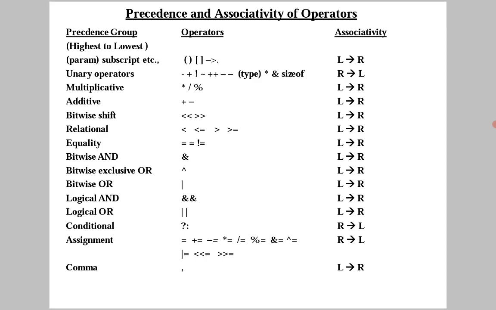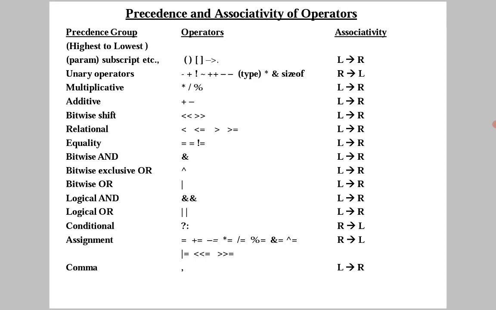Generally we may test a given expression, whether it is true or false, by using some relational operators. What are relational operators? Less than or equals to, greater than or equals to, and not equals to. Every relation generally gives either true or false values.